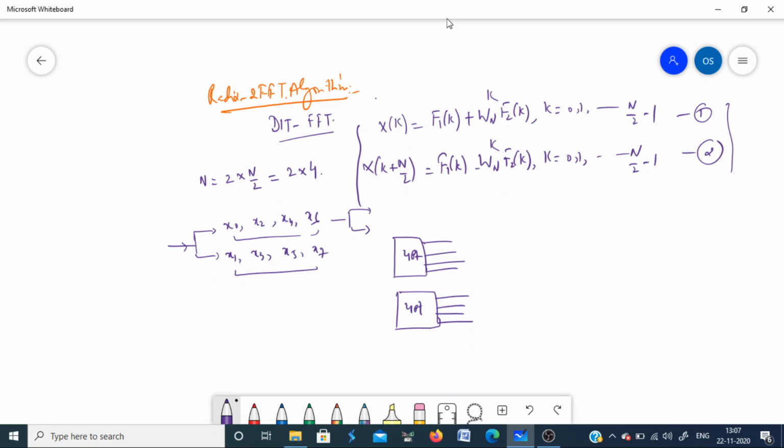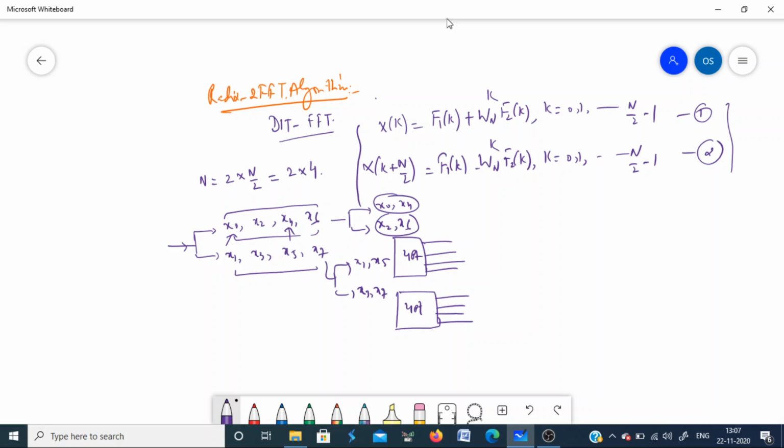This is the original sequence, and if you divide it into even and odd samples, in the even samples you'll get x0 and x4, in the odd samples you'll get x2 and x6. And similarly here you'll get x1 and x5, then x3 and x7, and then you find their 2-point FFTs.